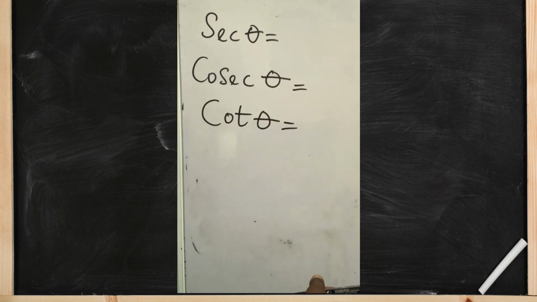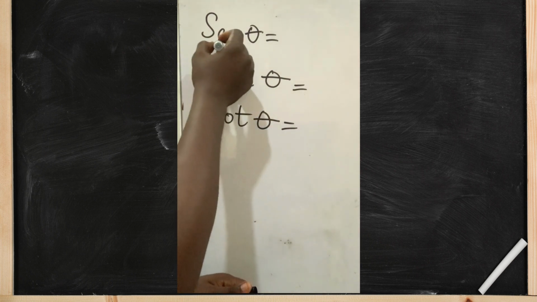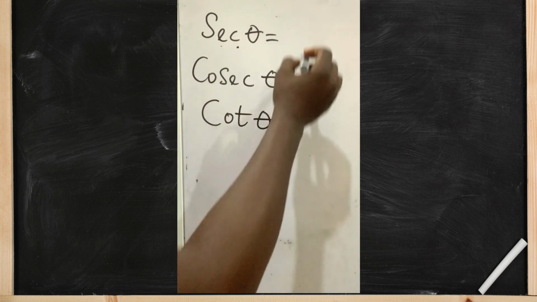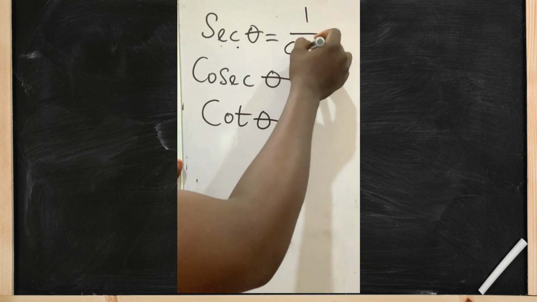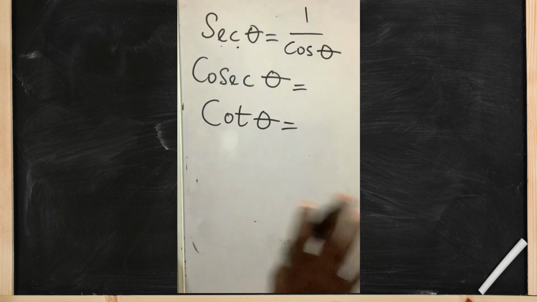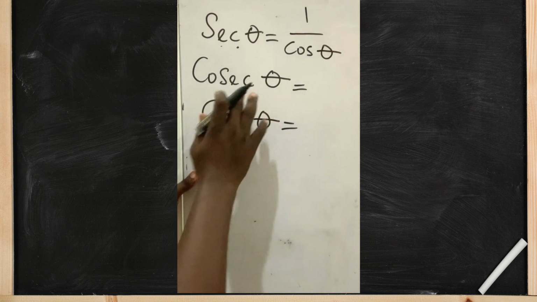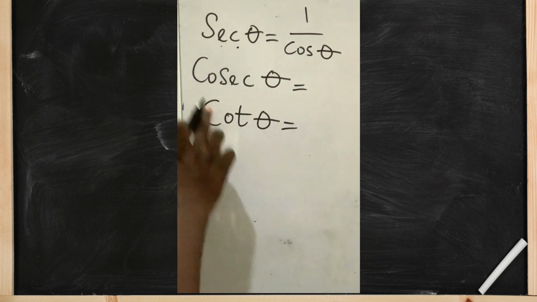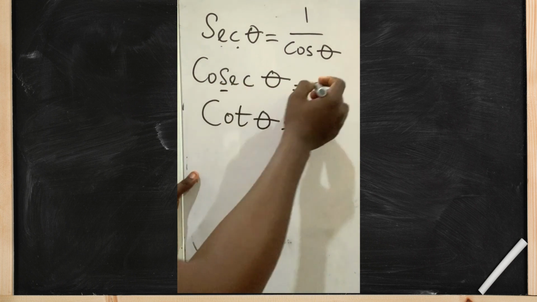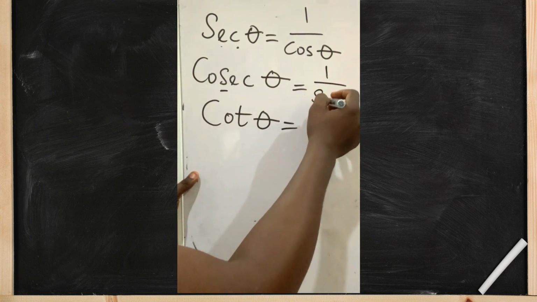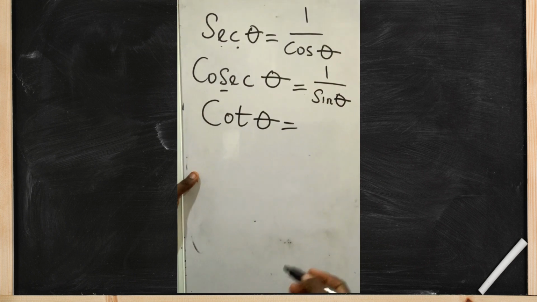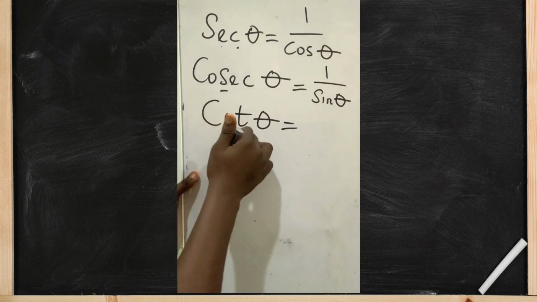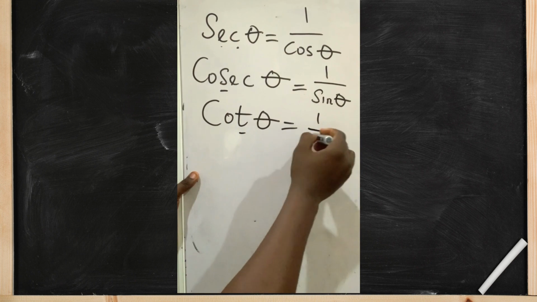We are talking about three measures of angles. Now, sec theta: 1, 2, 3, C, that's 1 over cos theta. Simple. Cosec theta: 1, 2, 3, S, 1 over sine theta. For the last one, 1, 2, 3, T, 1 over tan theta.